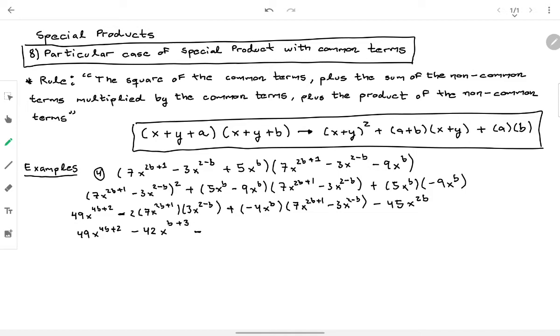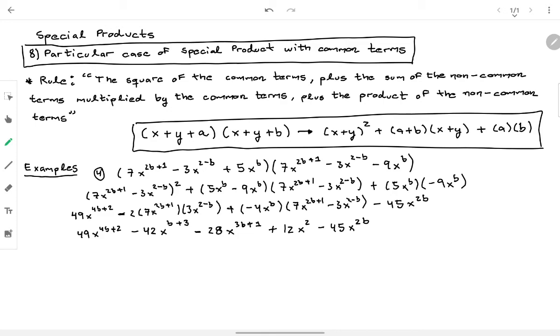Then it's going to be minus 7 times 4, 28x to the 3b plus 1, minus multiplied by minus is plus, 4 times 3, it's 12x, b minus b disappeared, so it's going to be x squared. Then it's going to be minus 45x to the 2b.